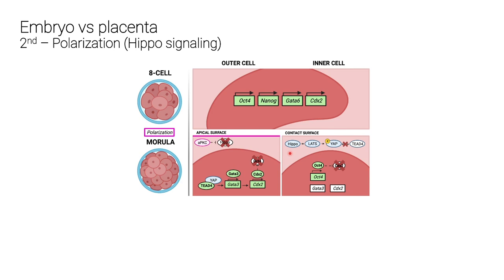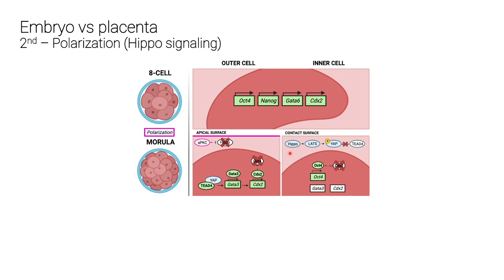I guess the key question is, if these inner cells are maintaining their regular function and not being influenced to make placental lineage because of polar proteins, because they are apolar, then shouldn't they just stay totipotent? What scientists have found is that cells do express transcripts of the embryo, so OCT4, slightly higher than those of the placenta.